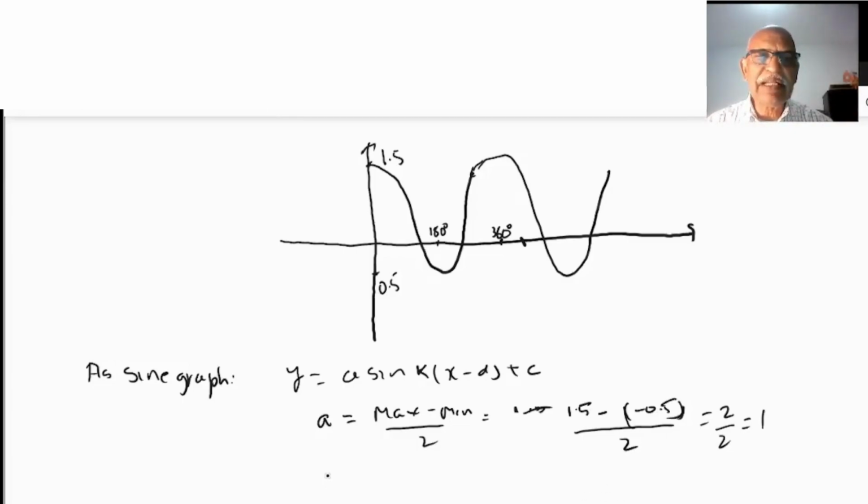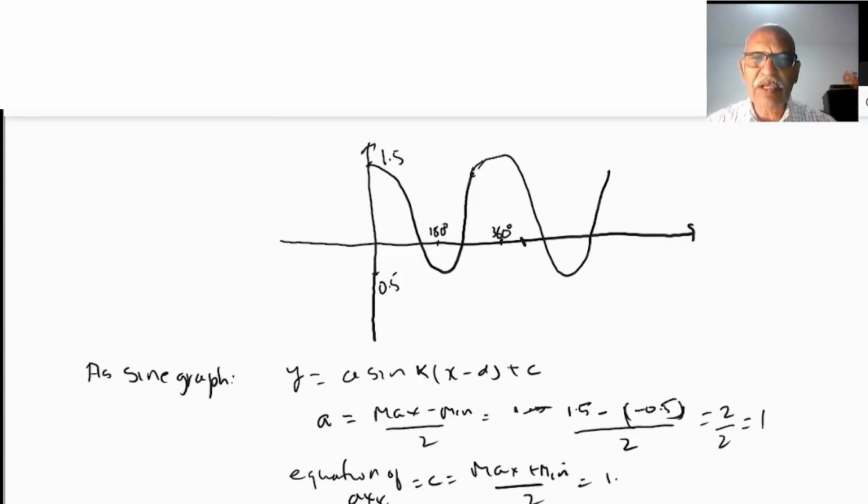Let's say the middle line, equation of axis, is our c. C will be maximum plus minimum divided by 2.